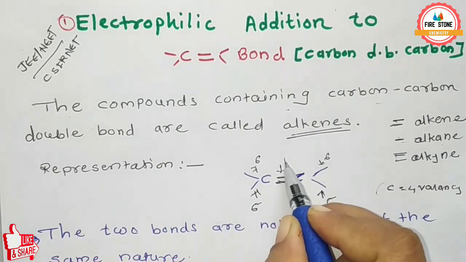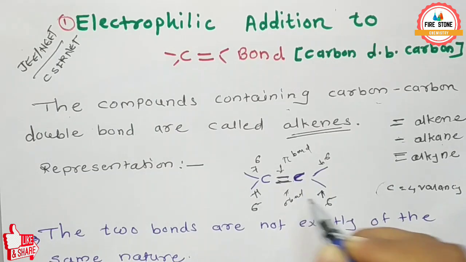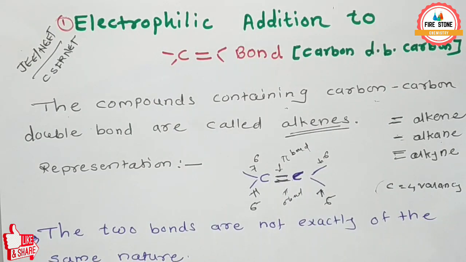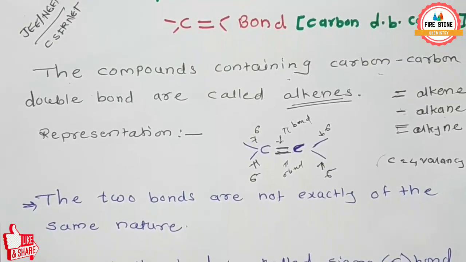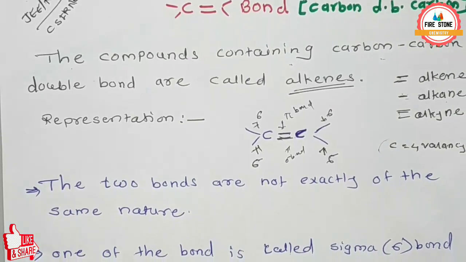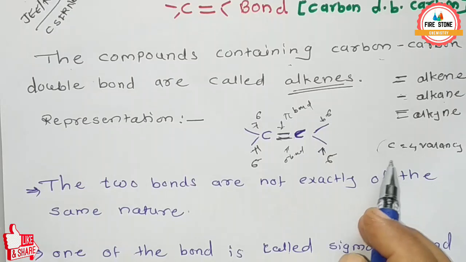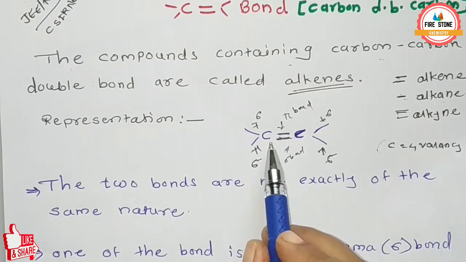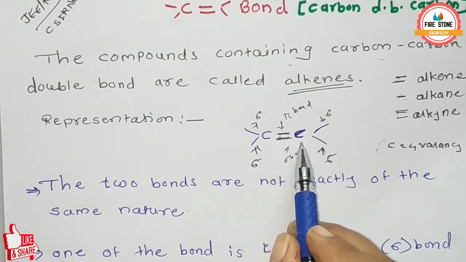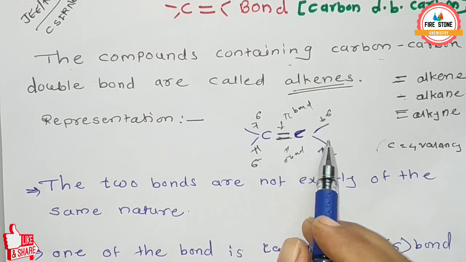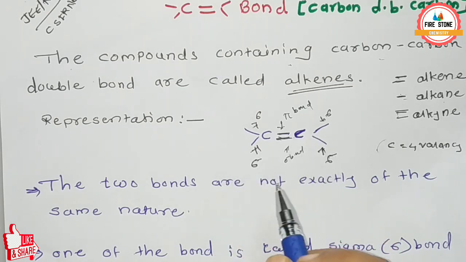Here one is the pi bond and one is the sigma bond. So the representation of carbon double bond carbon is shown like this. Because the valency of carbon is 4, when one carbon is connected with the other carbon, there is a double bond in between the 2 carbons and a single bond at each terminal position.